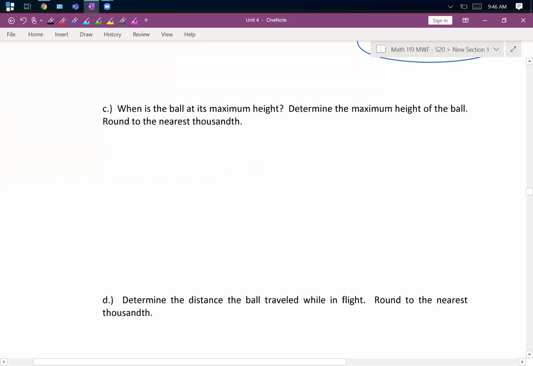So it's talking about the height, right? Is height usually a horizontal thing or a vertical thing? Vertical. So that tells us that we should be using our y equation.